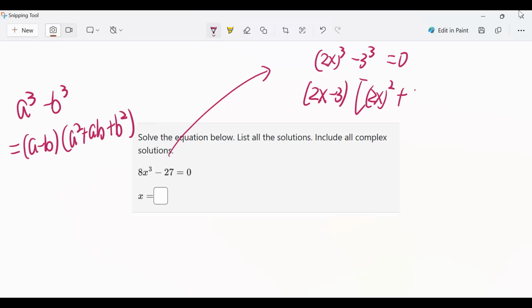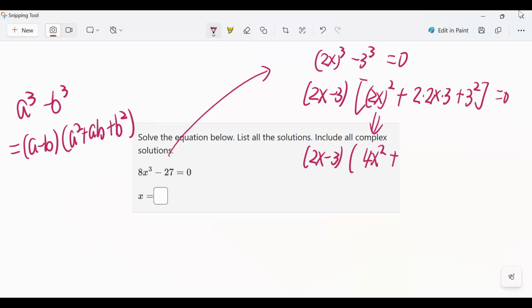Plus 2x times 3 as the second term. Third term will be 3 squared, equals 0. I'm just going to simplify a little bit. 2x squared becomes 4x squared, adding 2 times 3, 6x, adding 9.